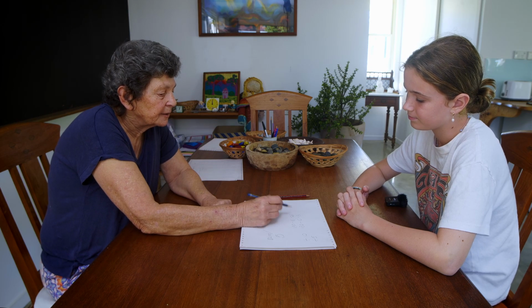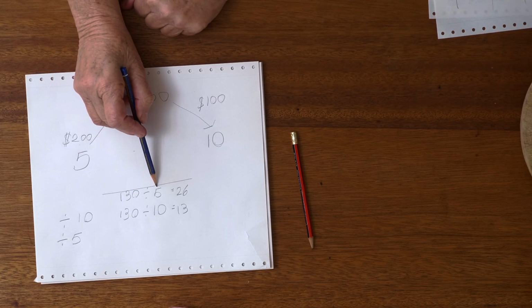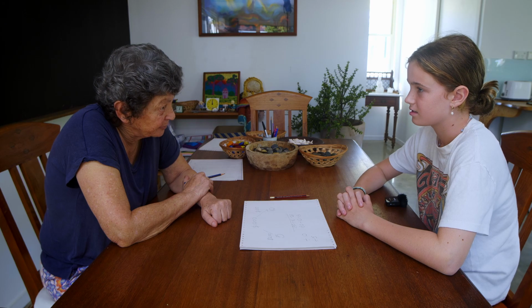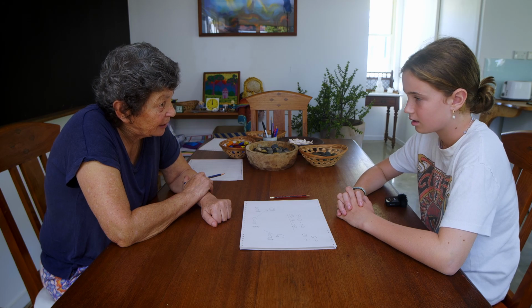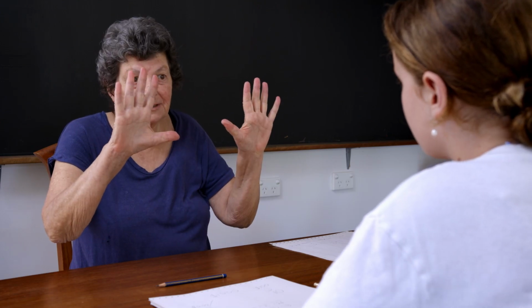Well done. Look at what you've done. You've done 130 divided by 5 equals 26. Are you impressed with that? So you can divide by 10 and you can divide by 5. If you share with 5, they each get twice as much as if you share with 10.